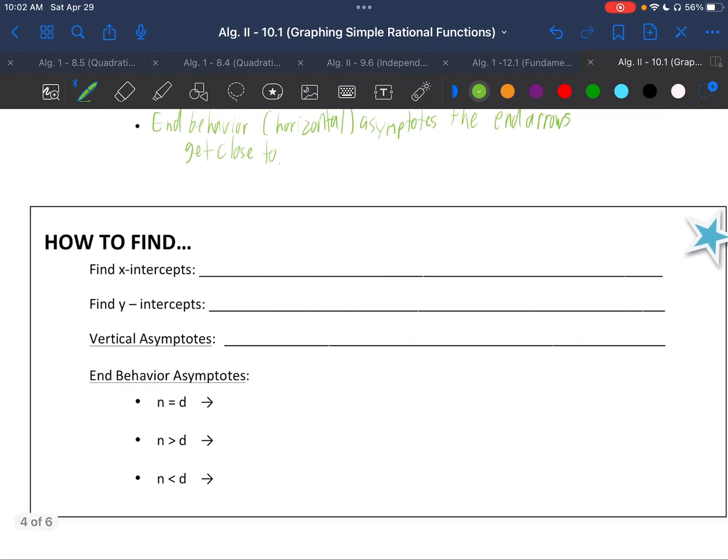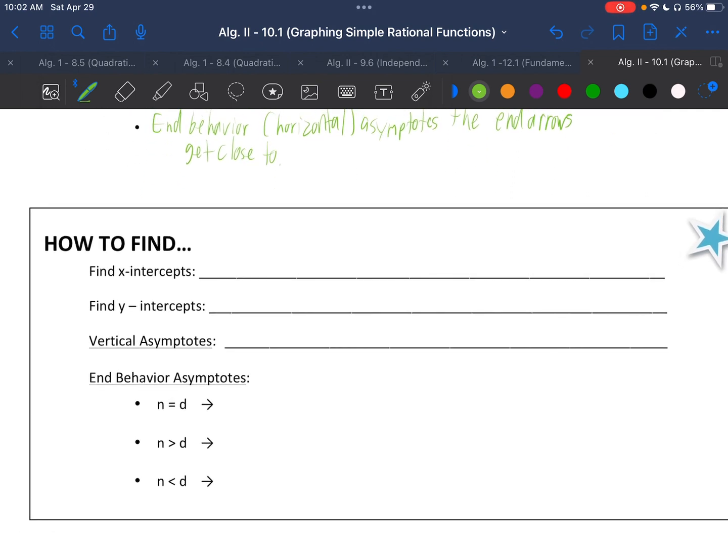All right, so how to find things in this? Okay, so how to find the x-intercepts, where y equals 0? Well, you set y equal to 0 and then you solve for x. And similarly, to find the y-intercepts, you set x equal to 0 and solve for y.